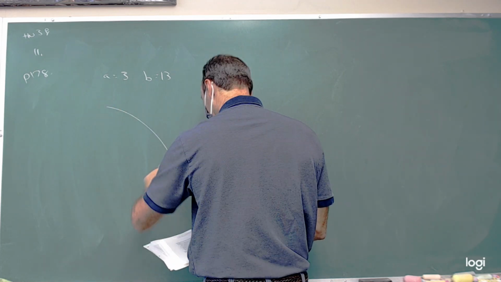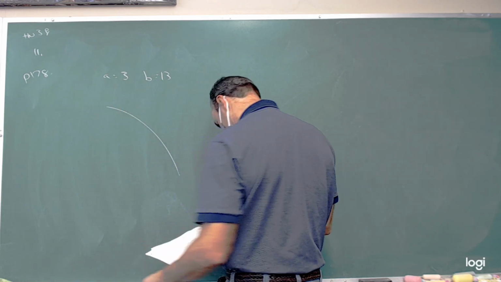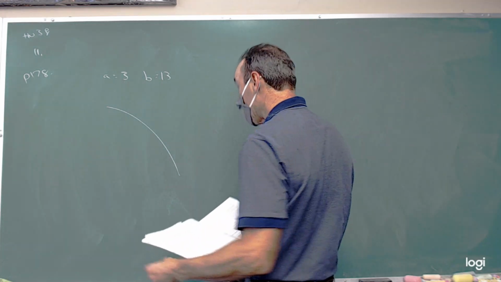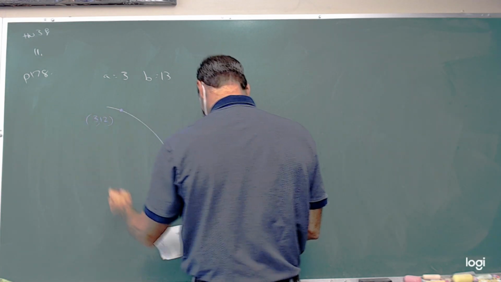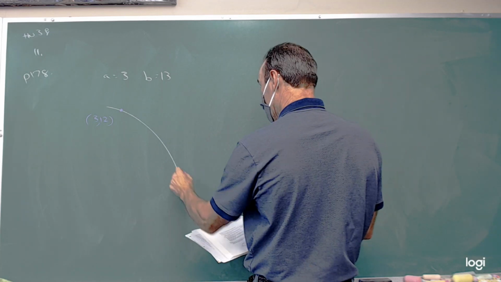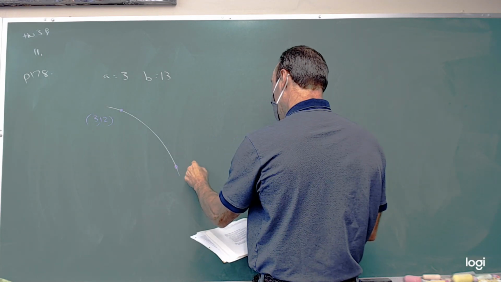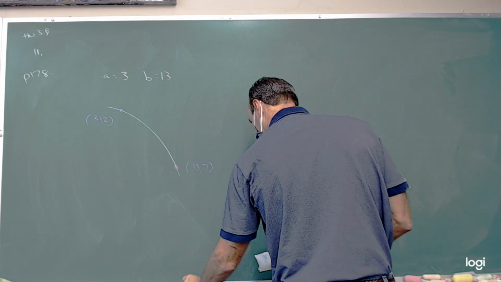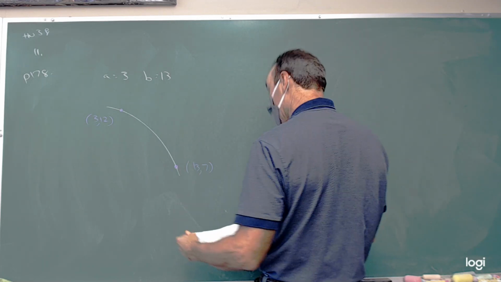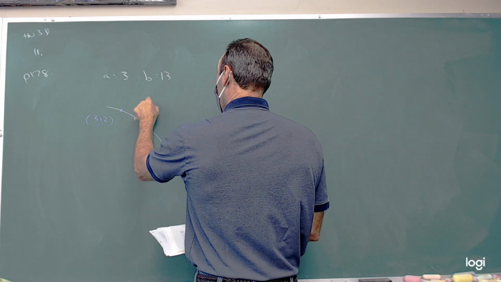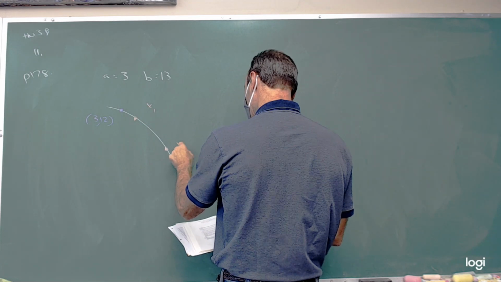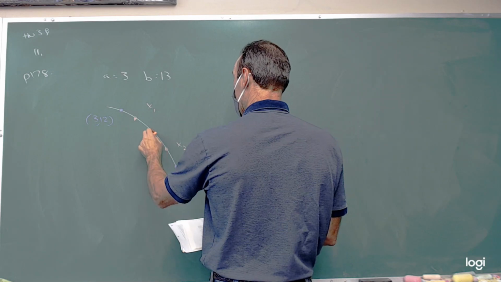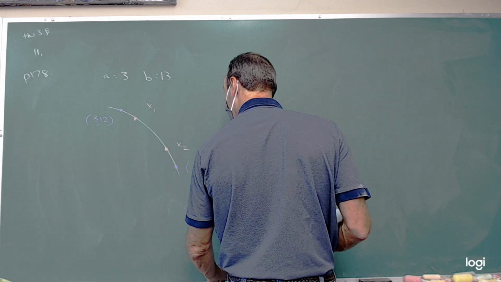So you're given a curve that looks something like that. You got a point at 3, 12 right here, and a point over here at 13, 7. And a couple other points along the way. So there's our x1, one of our mystery points. Here's our x2. And this is our point C.